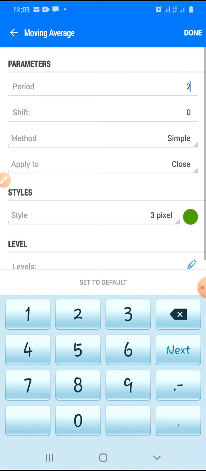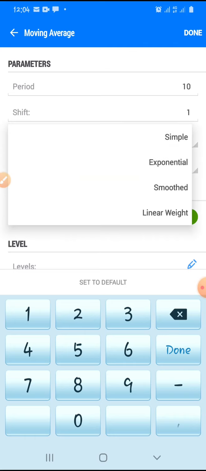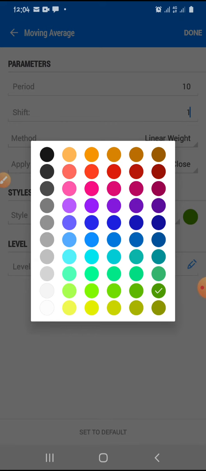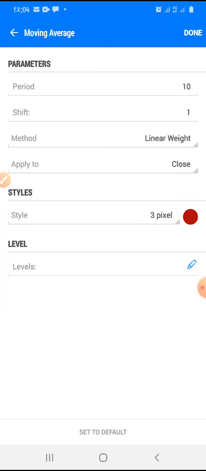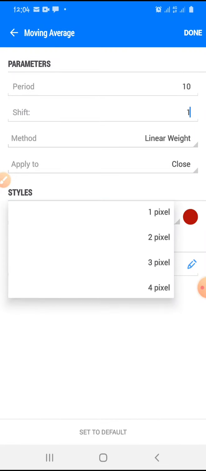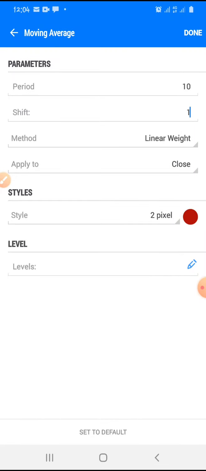There we will set the period to 10. The shift, we will make the shift to be 1. The method, we will use linear weight method. Apply to close, we will make it to be red. Megapixels, let's pick 2.